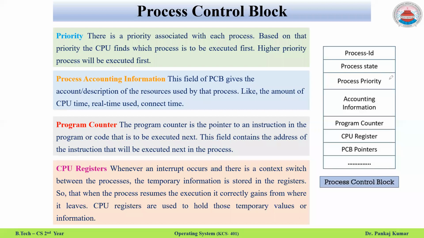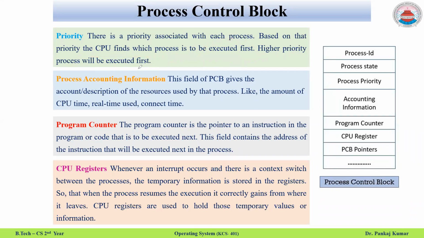If you know the priority of the processes, the CPU moves directly to the right process. Suppose there are 10 processes, all in runnable or waiting status. The process which has the highest priority must be allocated the CPU first. So there is a priority associated with each process, and based on that priority, the CPU finds which process is to be executed first. The higher priority process goes first.